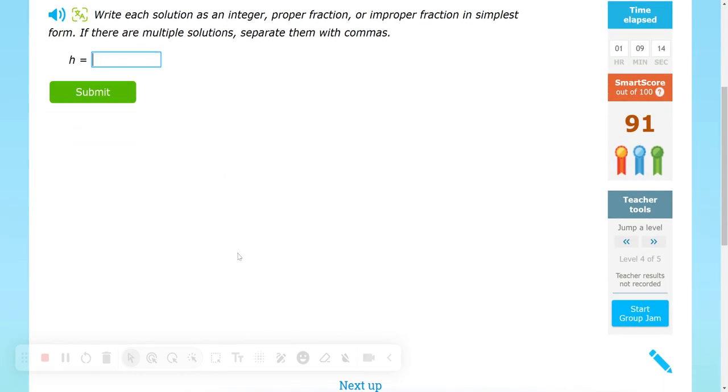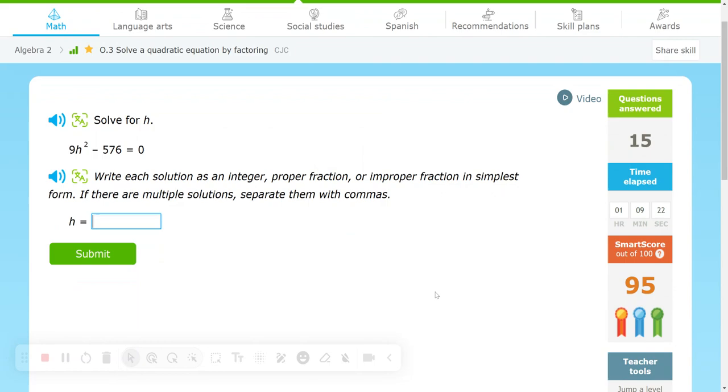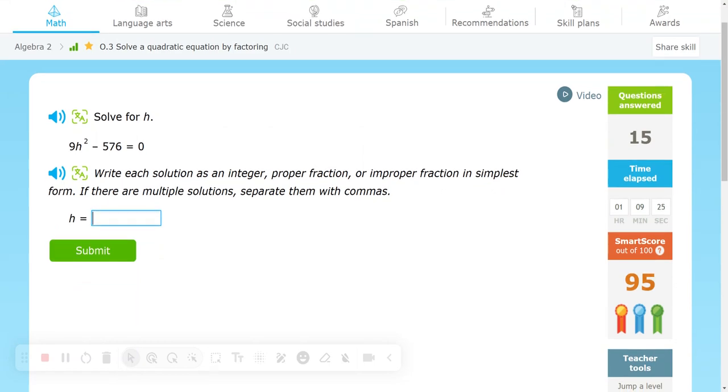Should we move on to level 5? Here's level 5. So let's do your level 5. Take a look. You should know 576 is a perfect square. What is it?